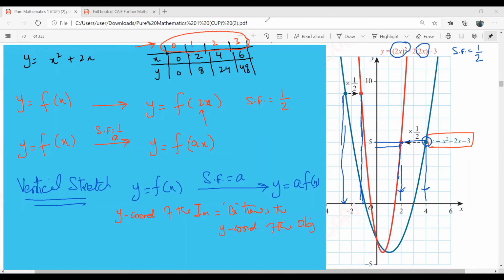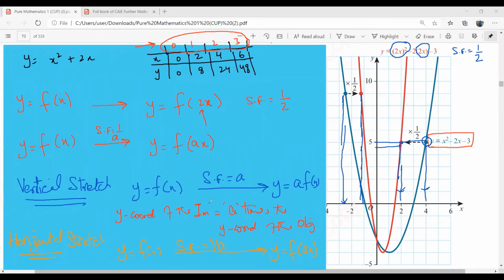And similarly, if you look at the horizontal stretch, what happens is if you have y equal to f of x, and the equation of the image is f of ax, then be very clear, the stretch factor would be 1 over a.